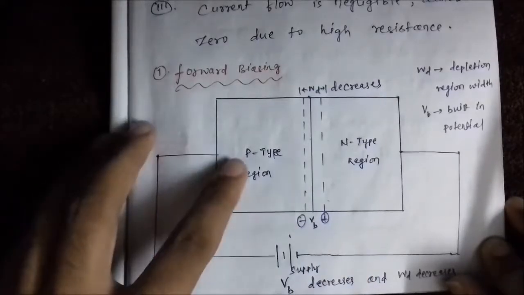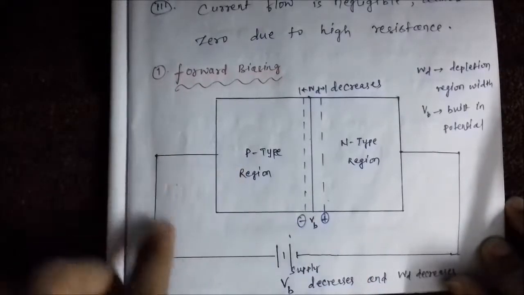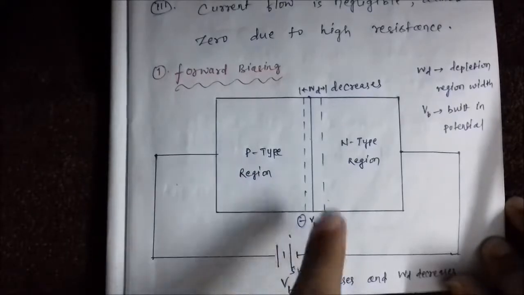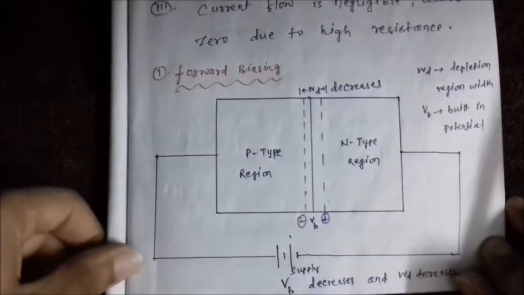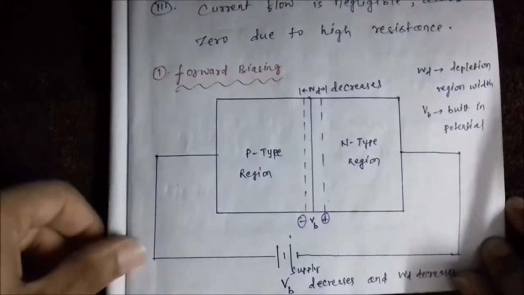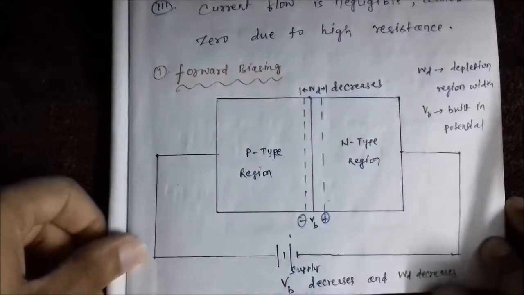So the p-type end is connected to the positive terminal and the n-type end is connected to the negative terminal. So how does the current flow as a result of it?